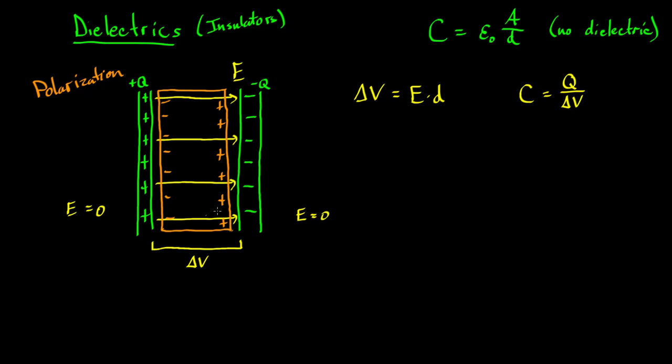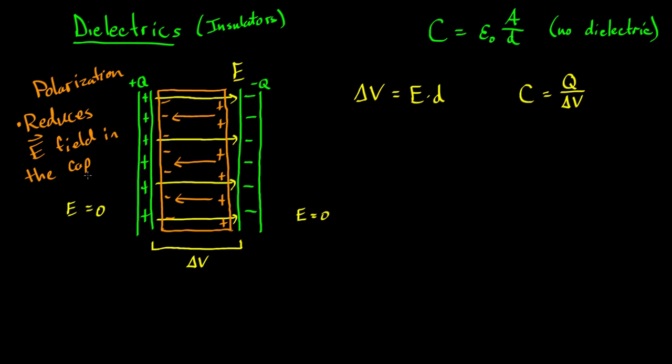Now we can look at the electric field produced by this, because when you get polarization, that produces an electric field. And we'll see that we get an electric field that is against the initial electric field produced by the capacitor. So what's the net effect? It reduces the E field in the capacitor.